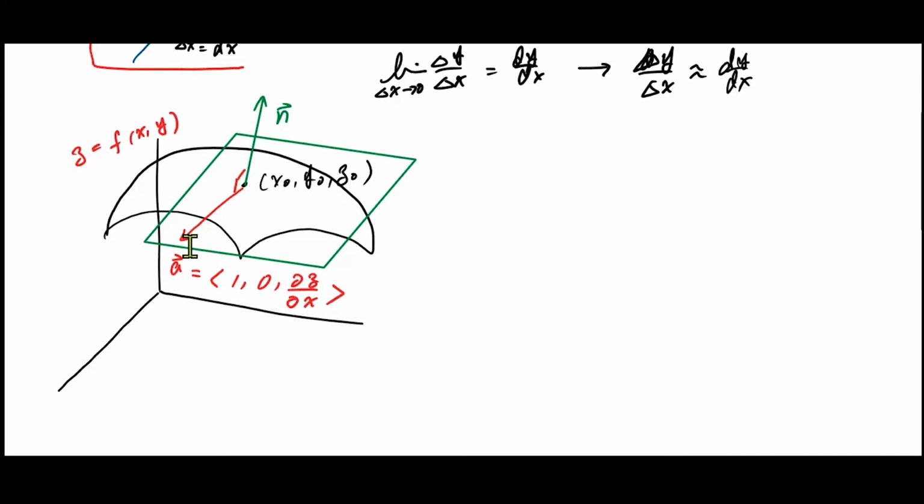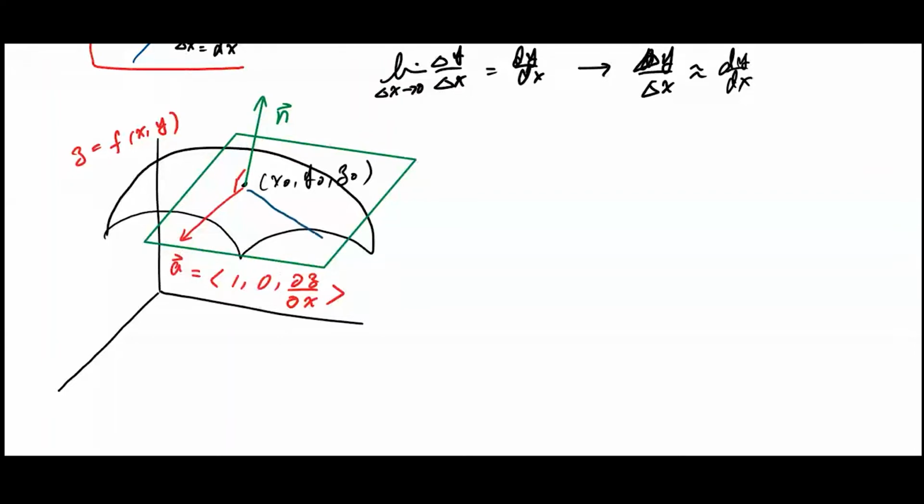Because of the slope of this vector, as x moves by 1, z will, in this case, go down by the slope of the surface. That makes sense to you? Do you agree with this vector? Okay. Well, then we can create another vector in the y direction.